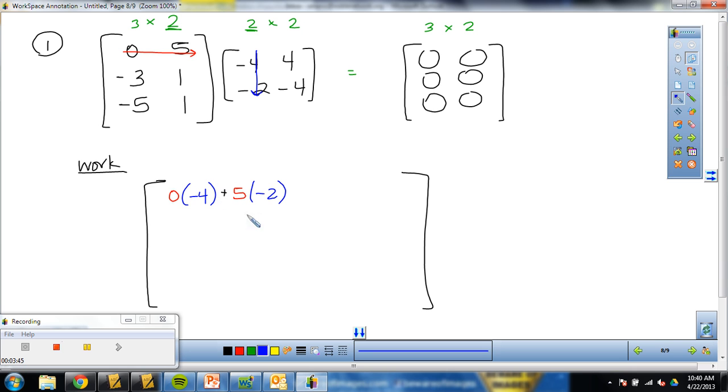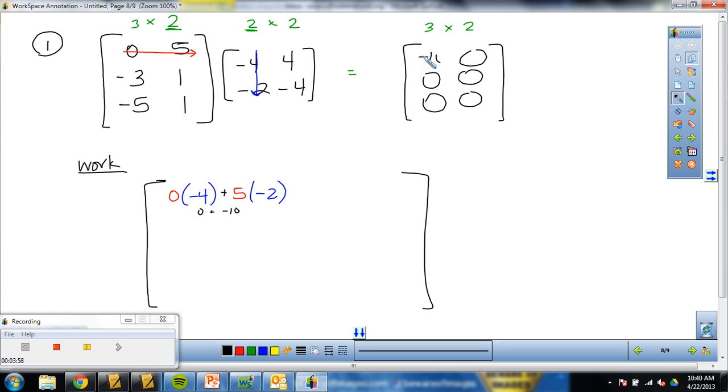And our resulting answer is going to be 0 plus 5 times -2 is -10. So the sum of those two things will go in our answer matrix, and that's going to replace the row 1, since we used all of the information from row 1, and column 1.